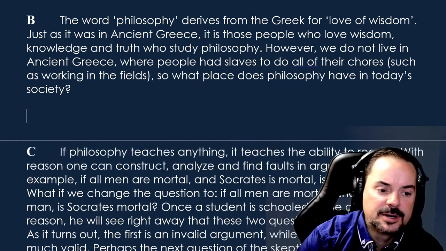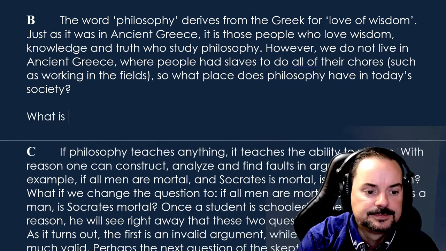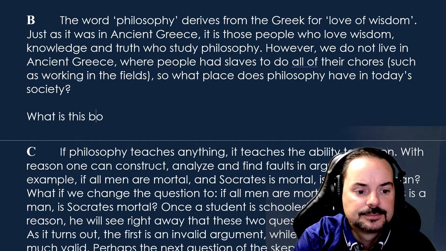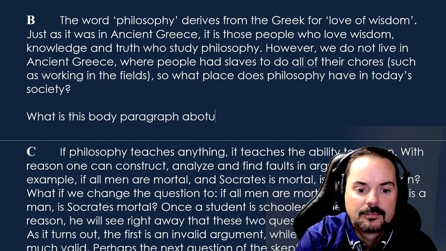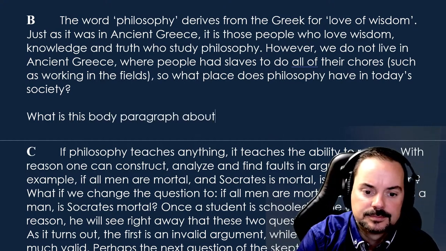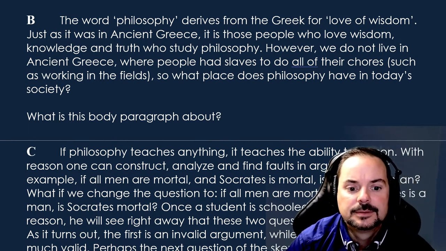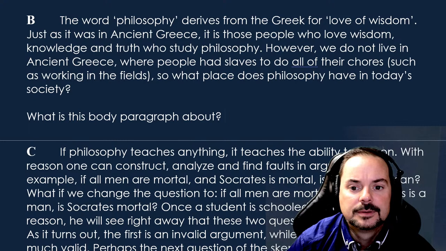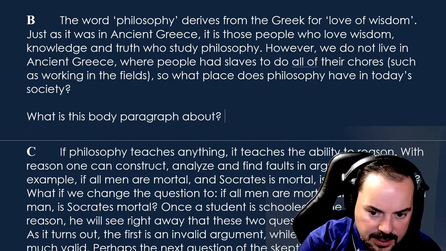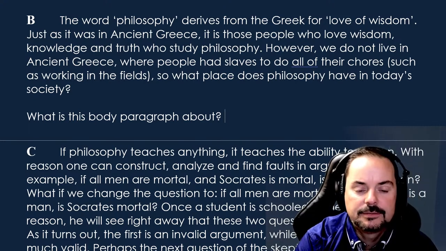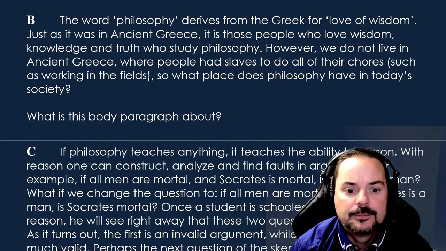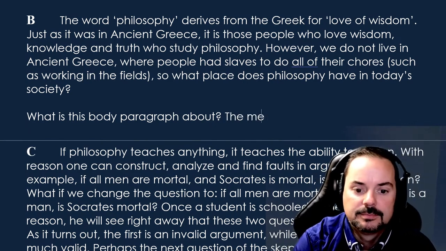Okay. What is this paragraph about in a very simple way? Yeah, I see here we talk about ancient Greece and maybe the origin of philosophy. Okay, kind of. You're close. The meaning of philosophy.